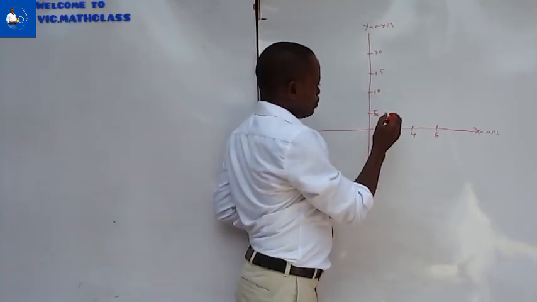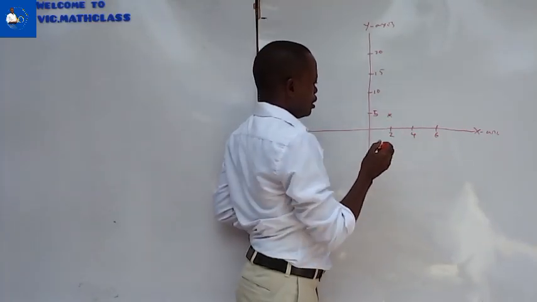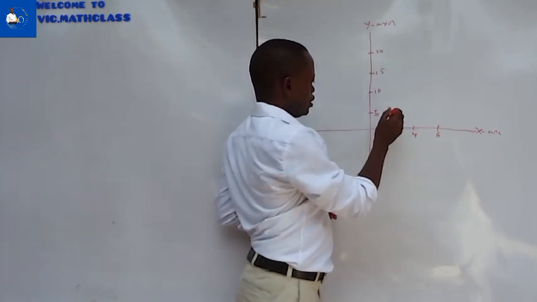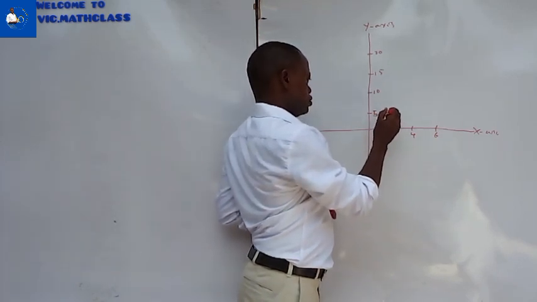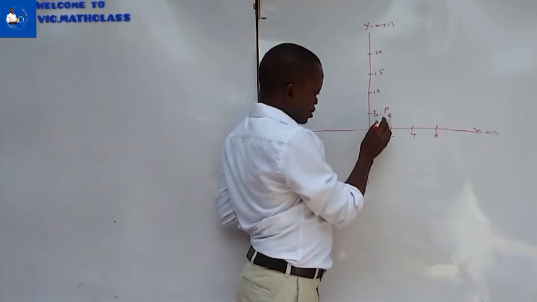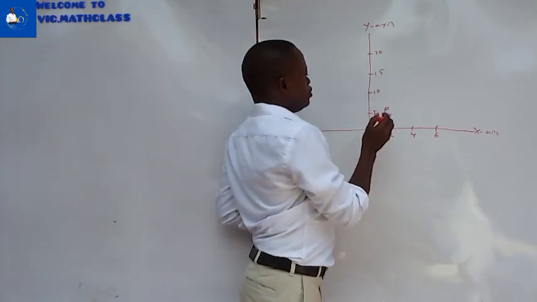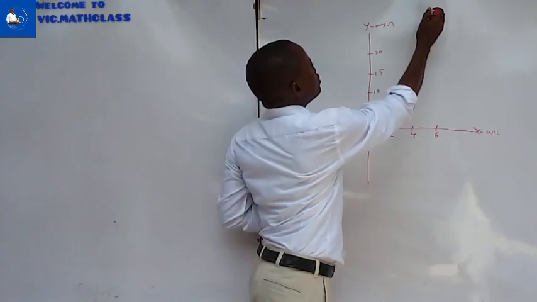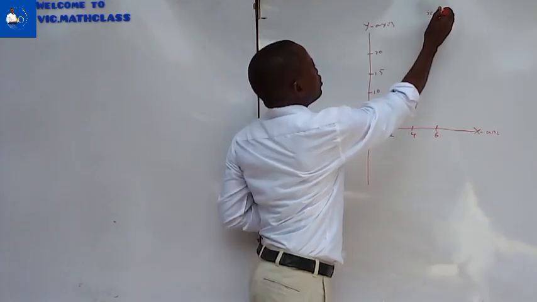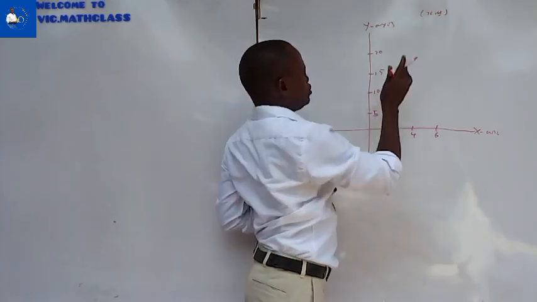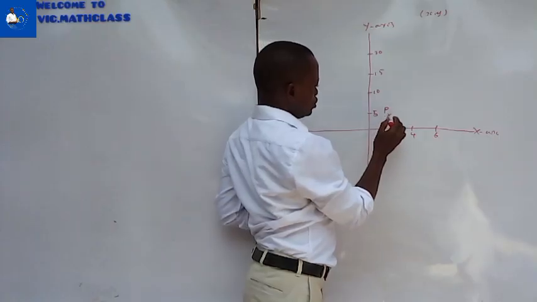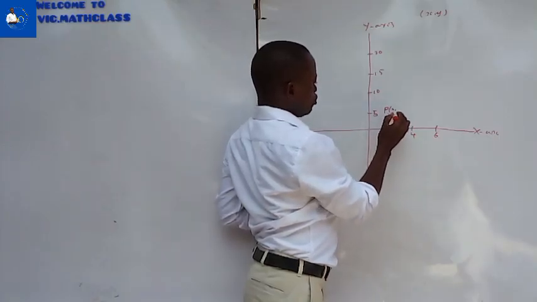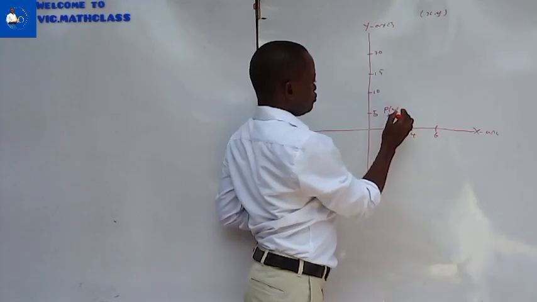So if I make a mark here and I call that point P, you realize that normally we write it like this, x, y. Okay, that's how we present it. So this point P, we have the x value to be 2, and the y value to be 5.